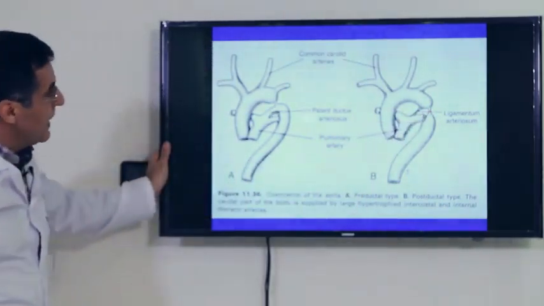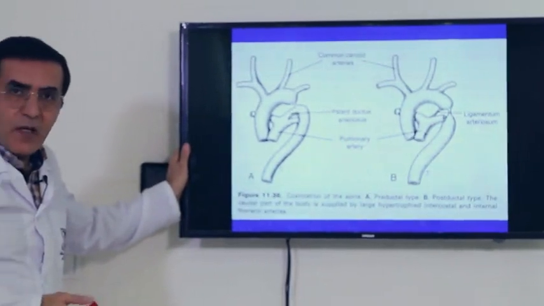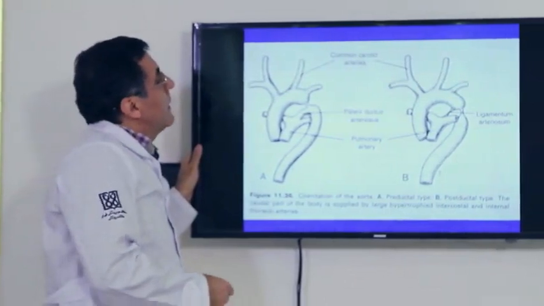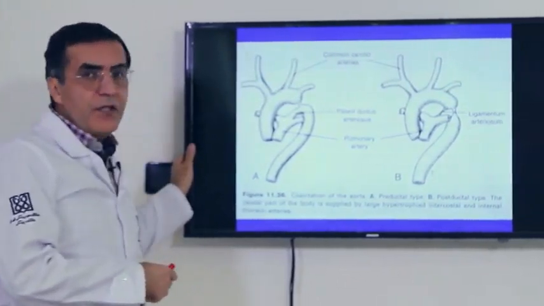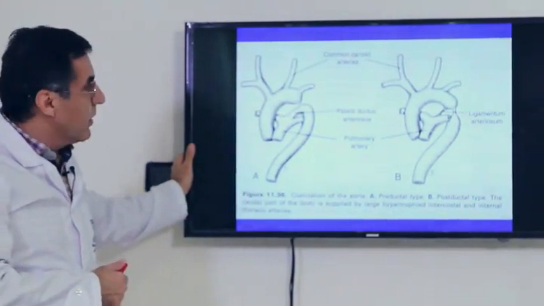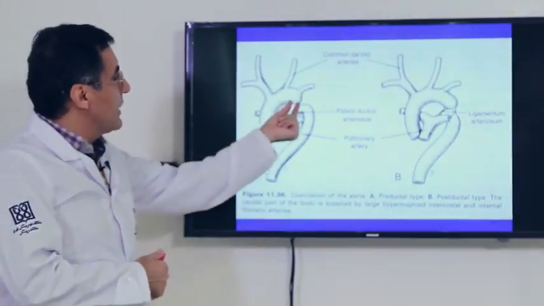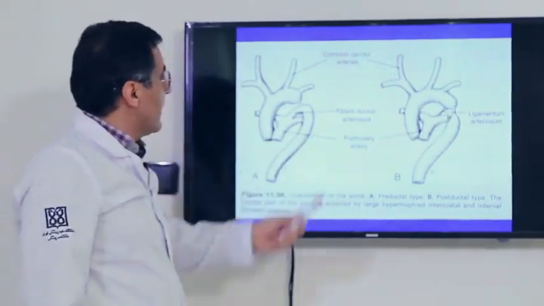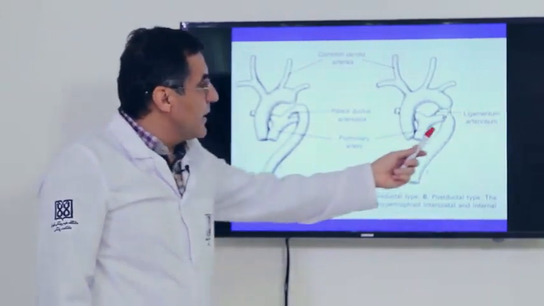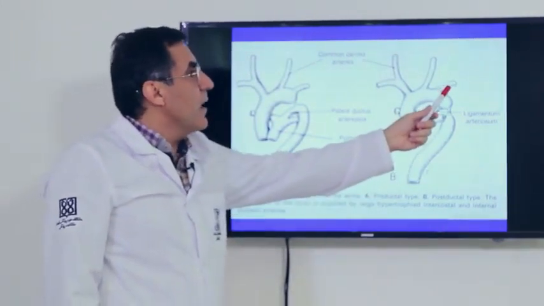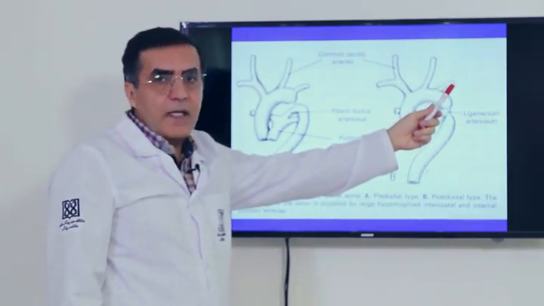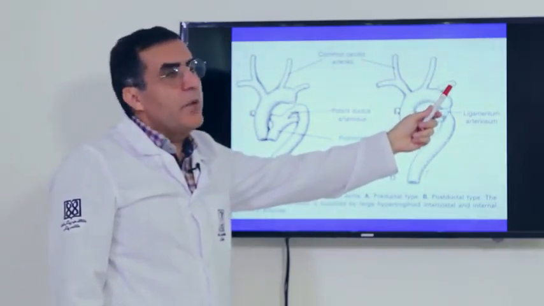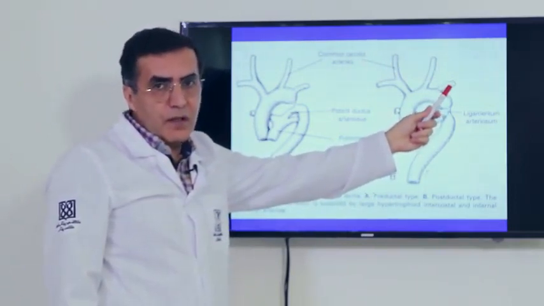What is the main reason? The main reason is an abnormality in the intima layer of the aorta, and after this pathological change in the intima, we have a proliferation in the medial layer in the arch of aorta. As a result, we have obliteration and narrowing, and the postductal type is more common than the preductal. If you look at these patients, the upper limbs are supplied by the subclavian and axillary arteries, so we have normal pulsation and blood pressure in the radial artery.